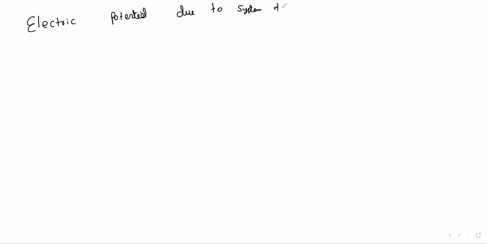System of charges means, in a particular location, we have charges q1, q2, q3, q4, like that, n number of charges, and in this location, if you want to find the electric field intensity at any particular point, then what is the electric potential? Normally we have dealt with the same case for electric field intensity.